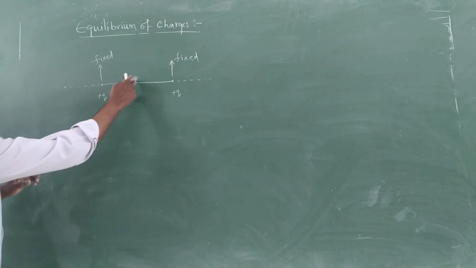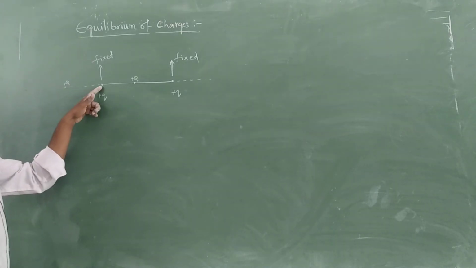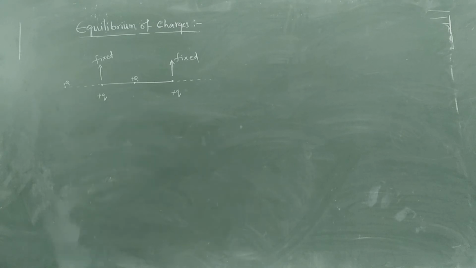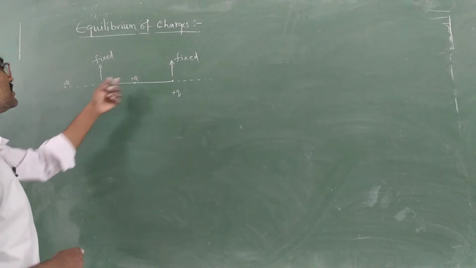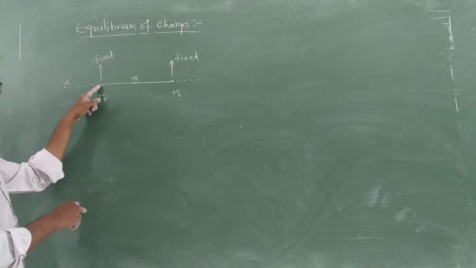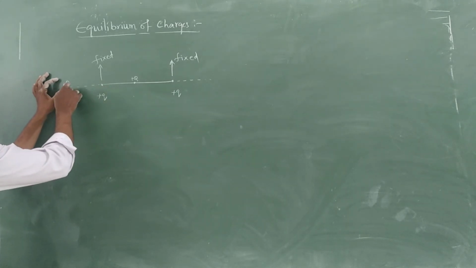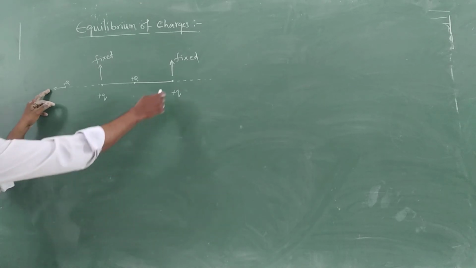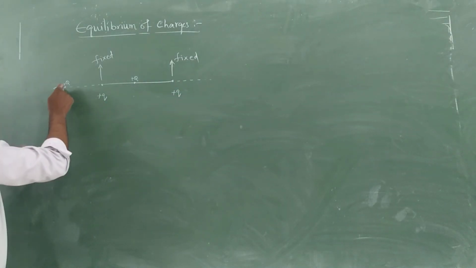Suppose I place this positive charge plus Q here, then what will happen? See here. If I place plus Q here, this plus Q will push it outward. Correct? What about this other plus Q? That also will push it outside only.